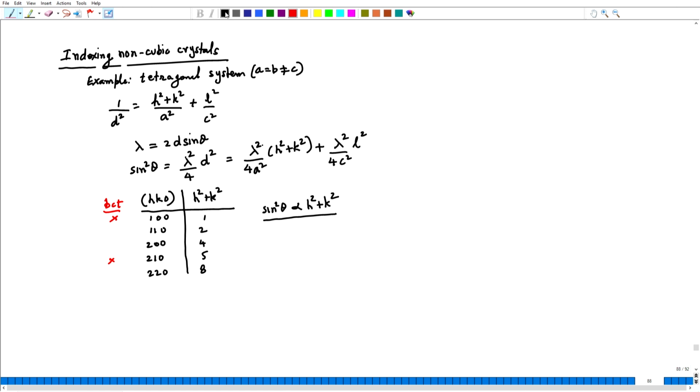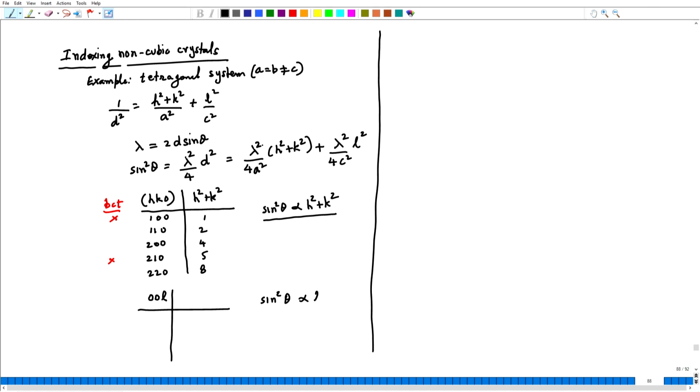In a similar way, one can now try to index peaks which have the indices 00l. So, here very clearly sin square theta would be proportional to l square. I can try to analyze 001, 002, 003 and so on, and here you have your l square values, so 1, 4, 9, and try to figure out where those peaks are.